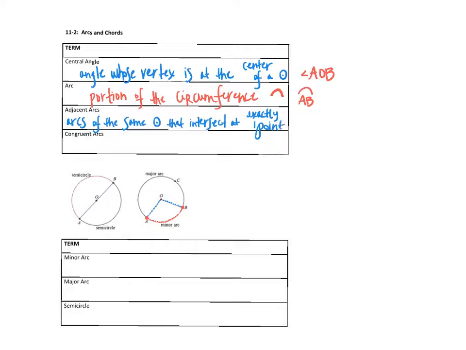So if I look below, and I'm going to add a point right here. So let's take arc AB that we've already talked about. It would be adjacent to BX.